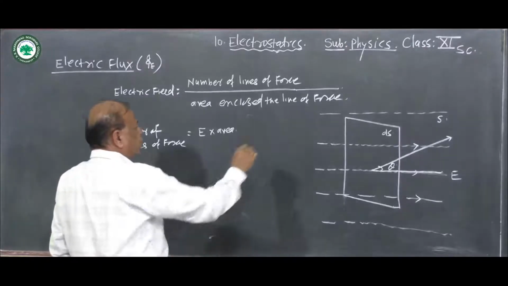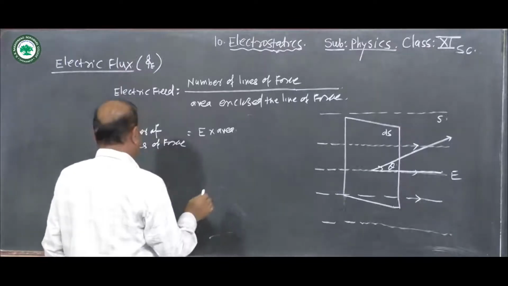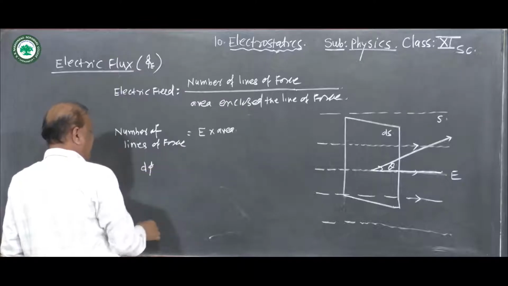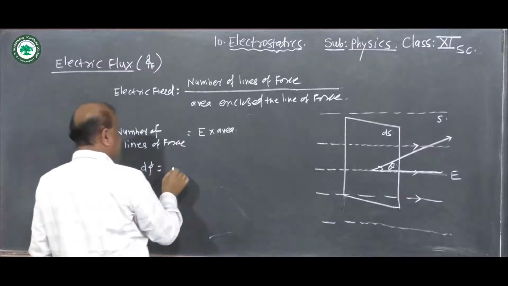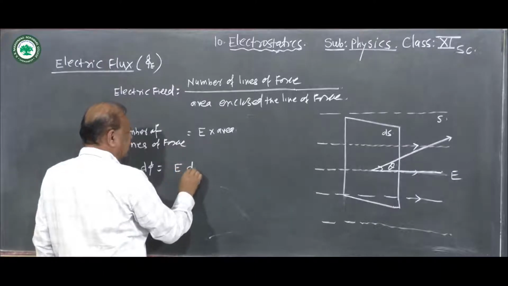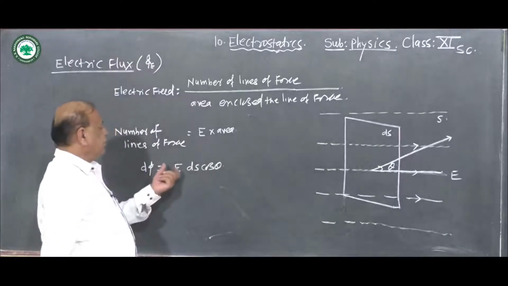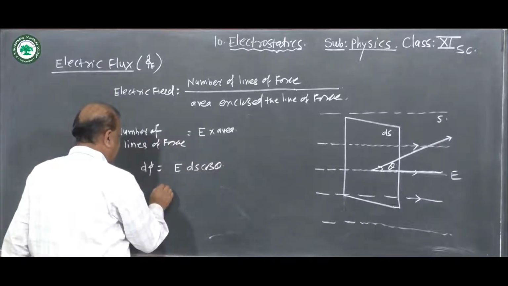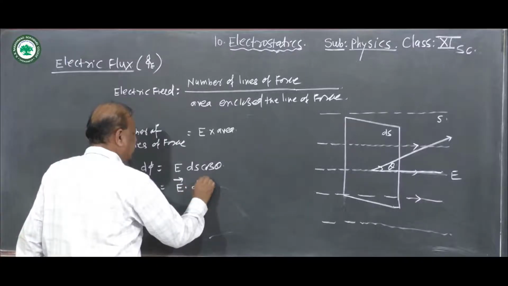For simplicity, consider the small surface area ds. The electric flux d phi for that surface area will be E into ds cos theta, and that can be written in vector form as E bar dot ds bar.